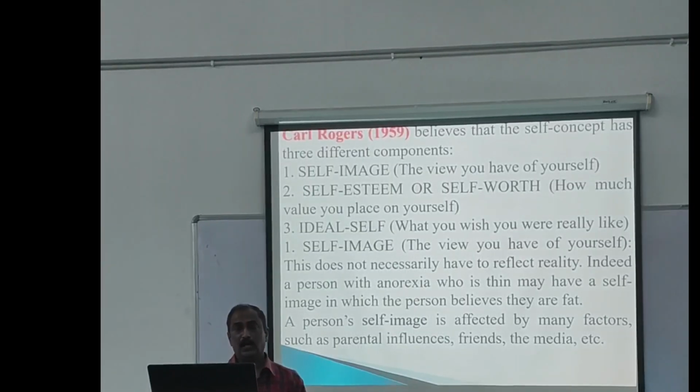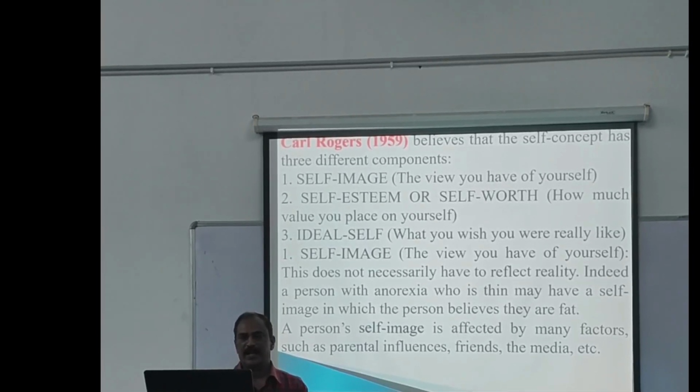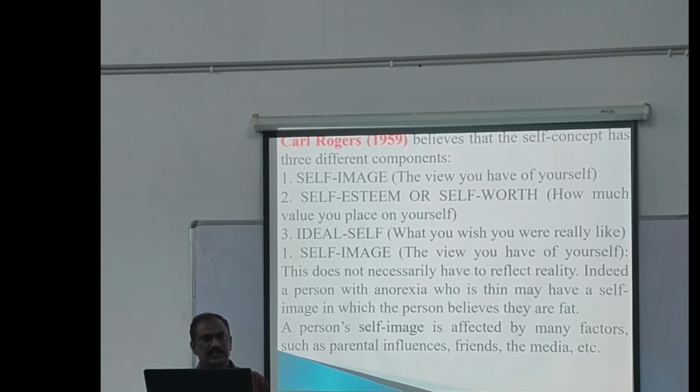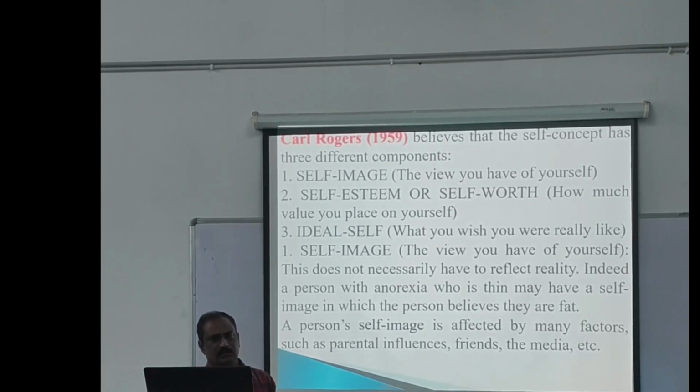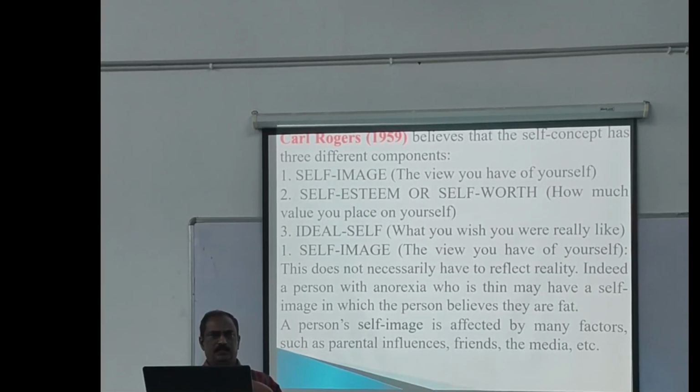And Carl Rogers in 1915 believes that the self-concept has three different components. The first one is self-image. It means the view you have of yourself. That is called self-image. What I think about myself.